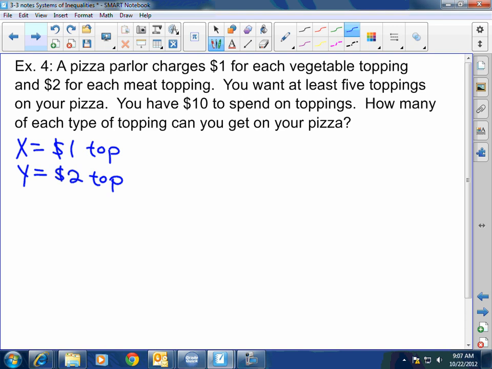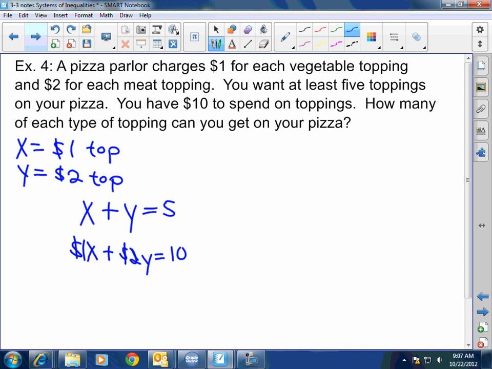I want at least 5 toppings, so some of the dollar toppings plus some of the $2 toppings to have a total of 5 toppings. And I can only spend $1 for every topping plus $2 for every meat topping to give me a total of $10.